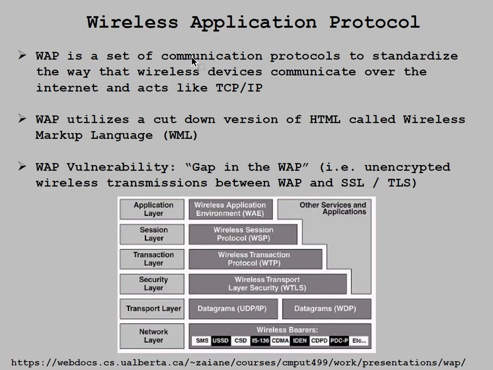And so just as we have the OSI model for the methodology of communication via Ethernet, we also have the same type of model that is focused on wireless communications. This is what we call the Wireless Application Protocol. What's nice about this is, just like the OSI model, it follows along in a relatively similar manner.